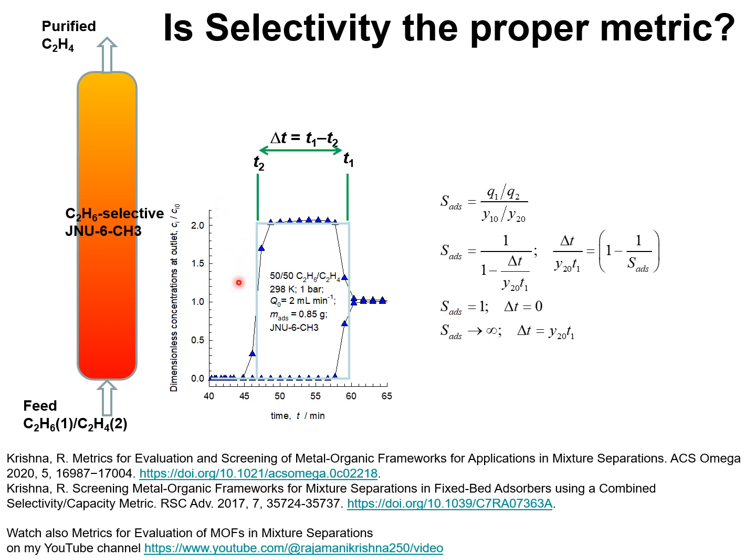What you need is a metric that reflects the productivity of purified alkene, in this case ethene, that can be recovered during this time interval.